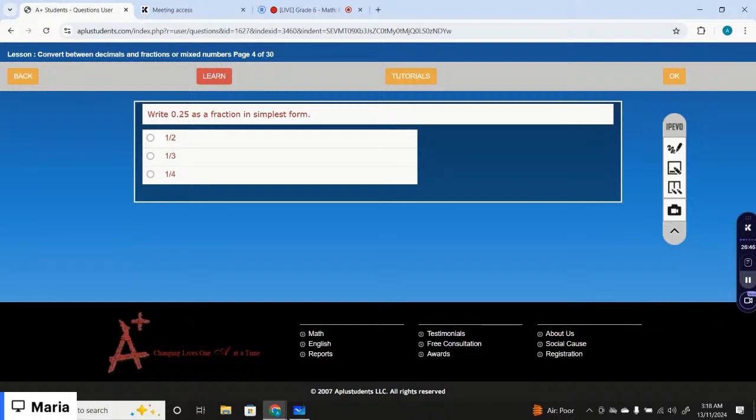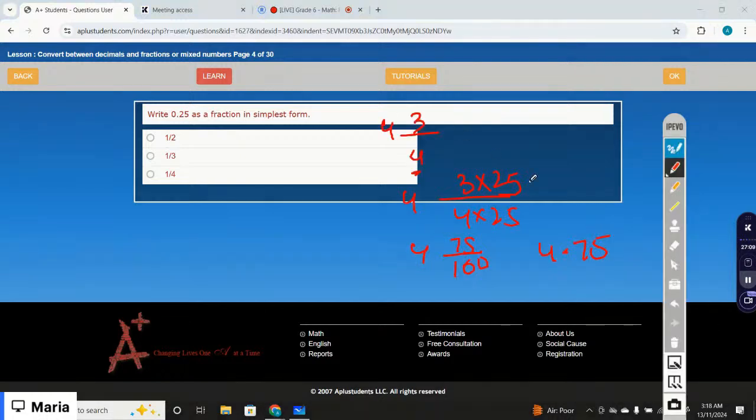Write 0.25 in simplest form. 0.25, right? Remove the decimal point. So when you remove the decimal point, you add the 1 in the denominator, and you have 2 digits after the decimal point. That is 25 over 100.